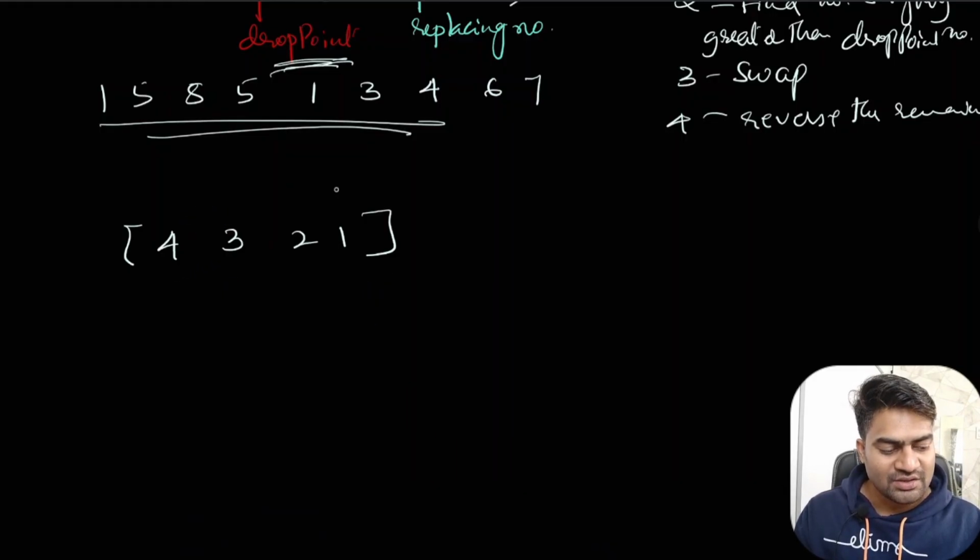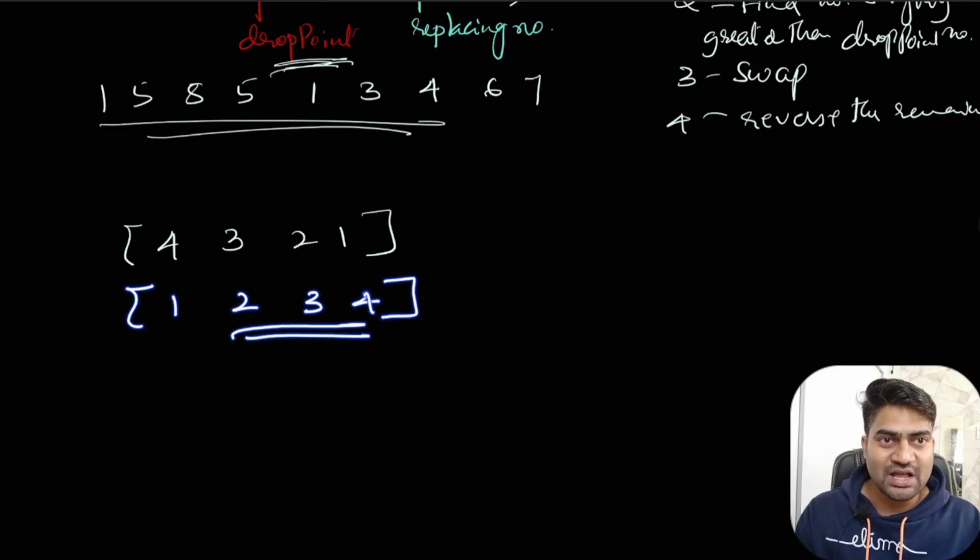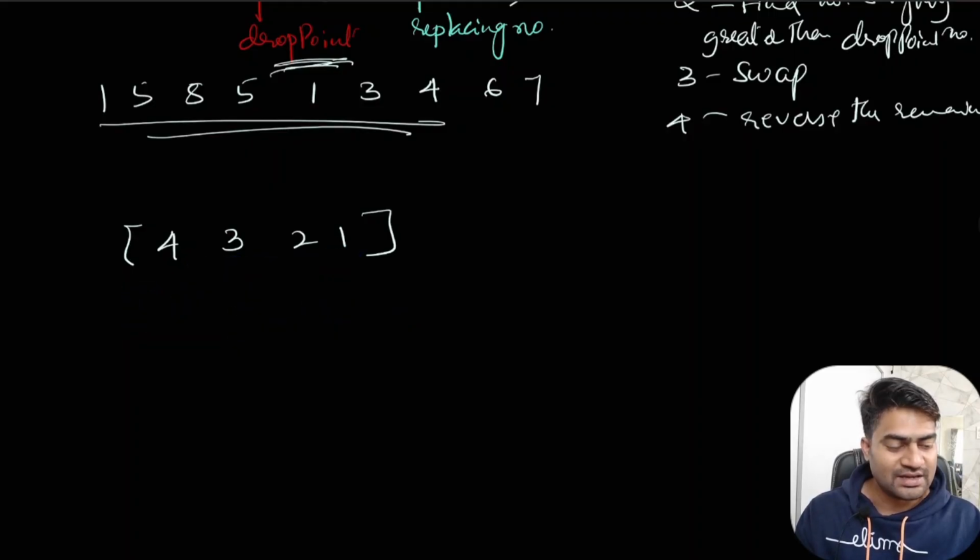And if you try to find the drop point, you never find it, because always from 1 to 2 there is an increment, 2 to 3 increment, 3 to 4 increment. So you don't get the drop point only in this case. So in this case, we need to return the reversed array, because this is the least possible number after rearrangement. So we can simply reverse this particular array and return it.